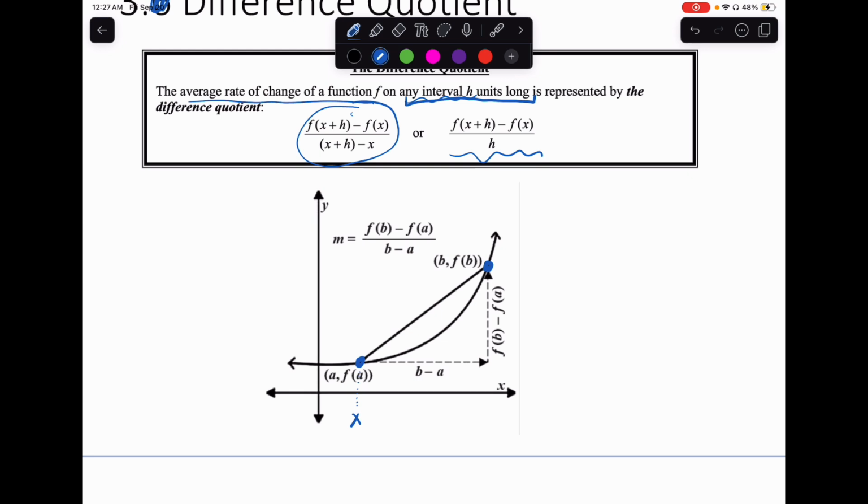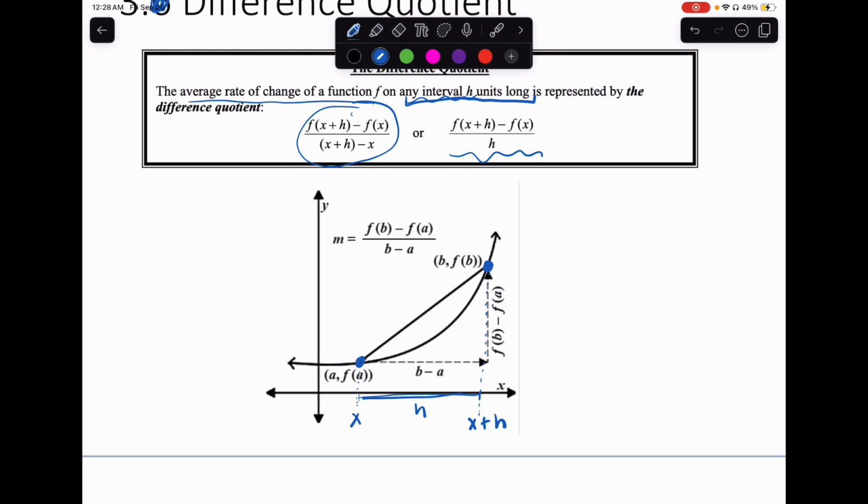And then we want to find the average rate of change when it goes from x to x plus some unknown value h. X plus, we don't really know. That's why we use h. So what does h mean? Well, h is just the interval in between here. That's h, right? Because x plus h gives us our ending value.